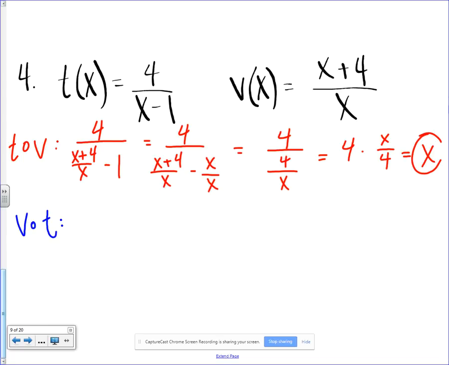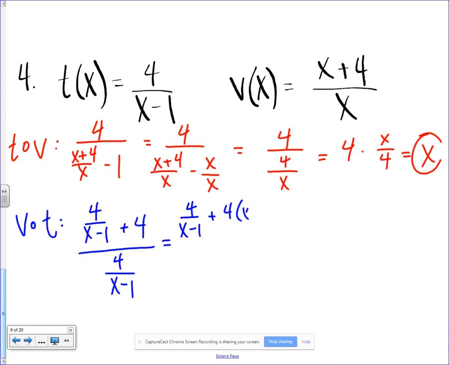All right, now we're going to take the t function and put it into the v function. A little bit more complicated. Going to need a common denominator in the numerator, which will be x minus 1. Looks something like that.